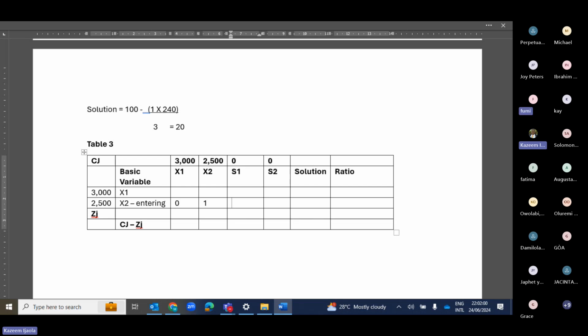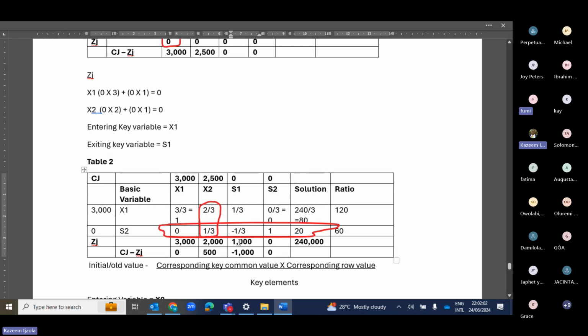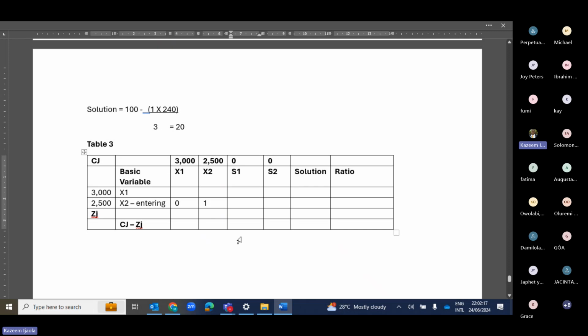Then minus 1/3 divided by 1/3. What is the answer? Minus 1. Is that correct? Minus 1. Yes. Minus 1.